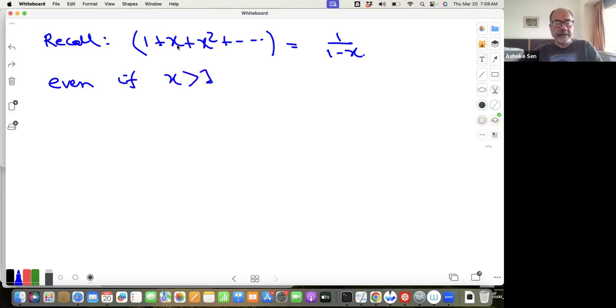So x is like e to the minus L0, or q to the L0. If L0 is negative, these things are larger than 1, and that's what is happening here. So even if x is larger than 1, we declare this to be 1 over 1 minus x. This is of course possible, but this produces a singularity exactly at x equal to 1.